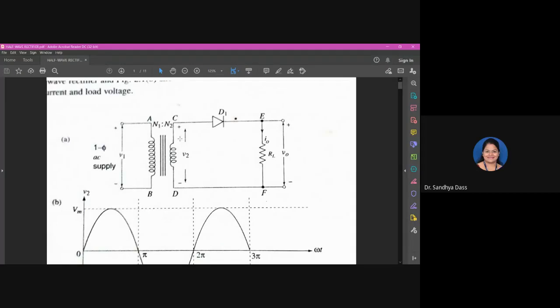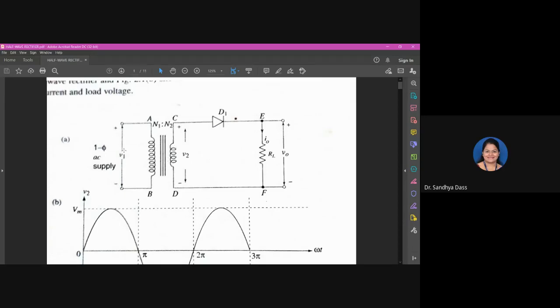Now I'm talking about the derivation part of the topic. Please pay attention. Assuming V1 to be the instantaneous supply voltage, based on the transformer information, we know that the ratio of the voltages at primary and secondary, V1 by V2, will be equal to N1 by N2, where N1 is the number of turns in the primary and N2 is the number of turns in the secondary.